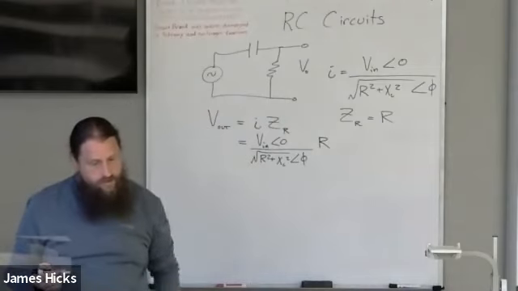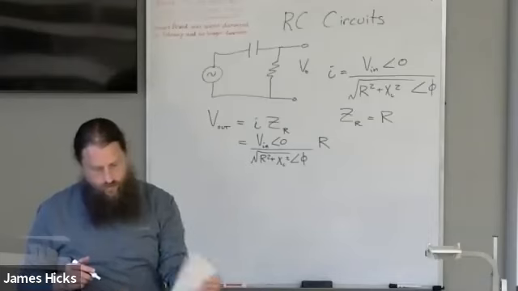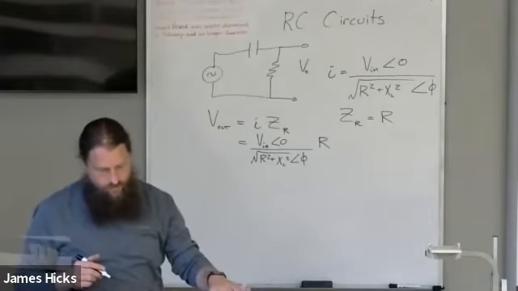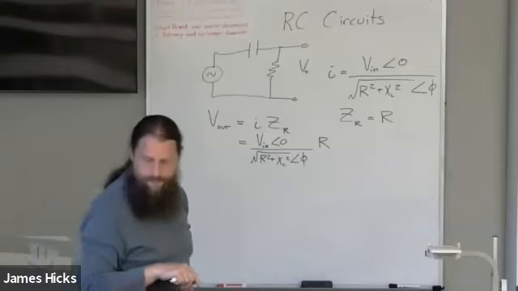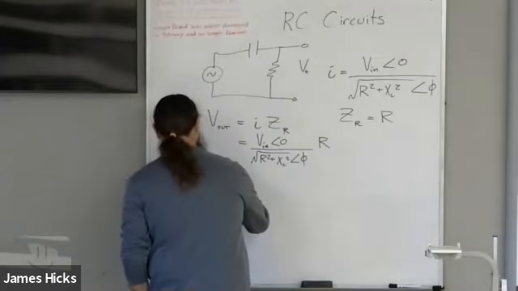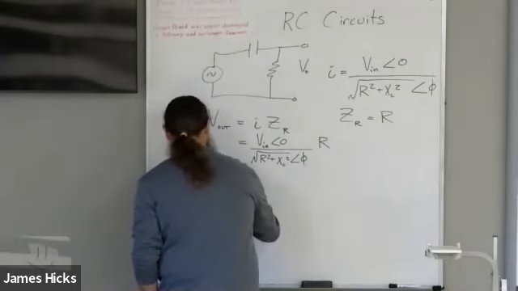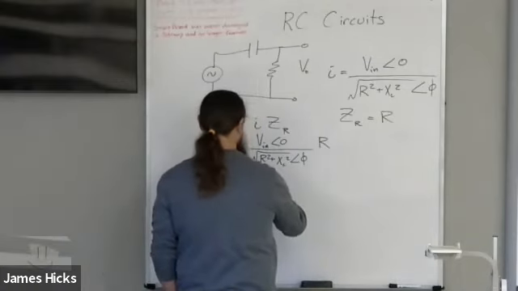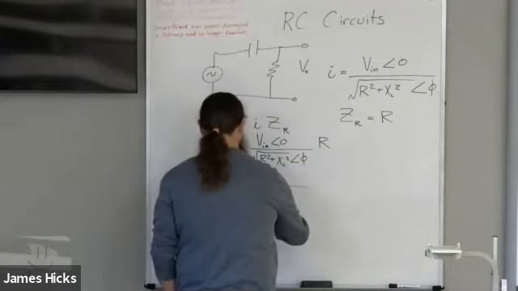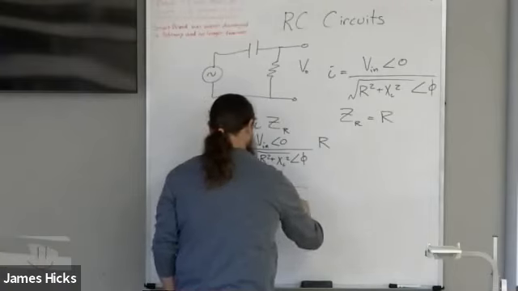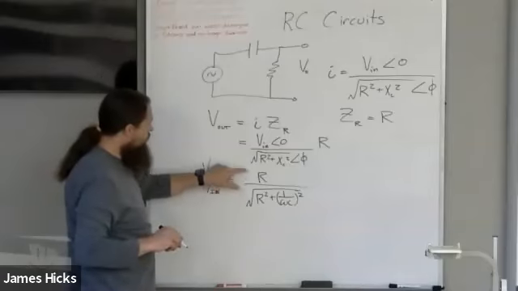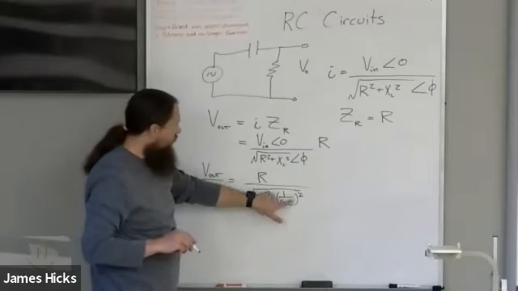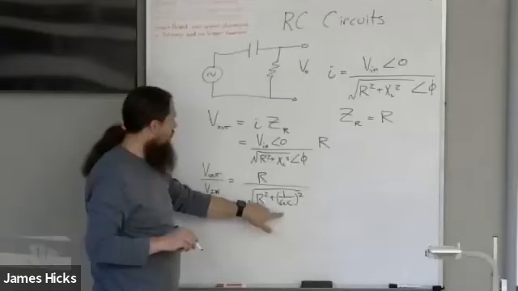So we just multiply that by R. So just looking at the magnitude, it's R divided by the square root of R squared plus 1 over omega C whole thing squared.